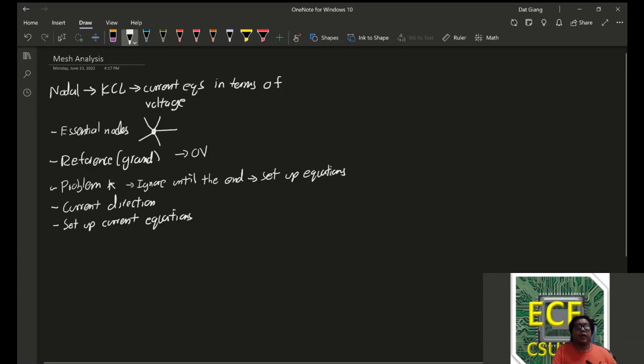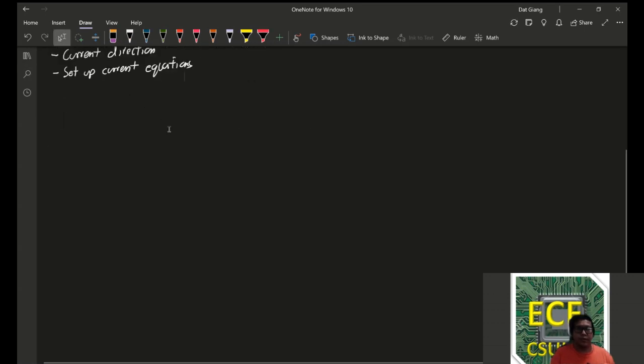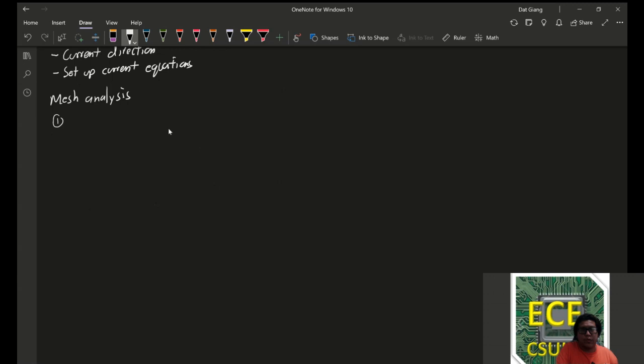But equivalently, there is another method based on KVL that allows us to set up voltage equations in terms of current. So we have mesh analysis. There are a few rules to this, but the main rule is simple nodes, simple loops first.